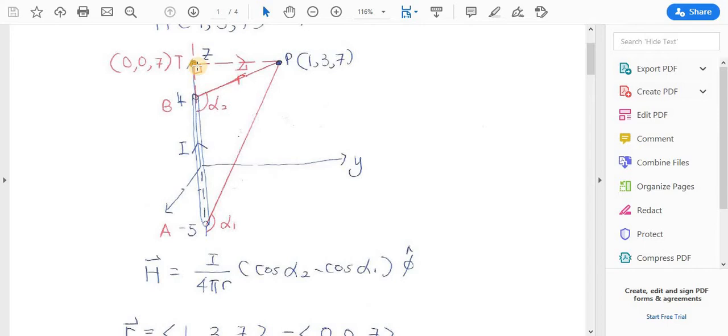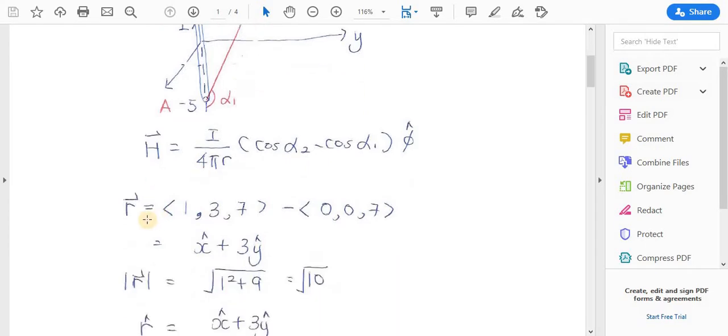When you define the coordinate of point T correctly, you will be able to calculate vector R correctly. In order to get vector R, I take the coordinate of the observation point. When I write it using this kind of bracket, it means that this is a vector, not a coordinate. If it were a coordinate, I would use a round bracket.